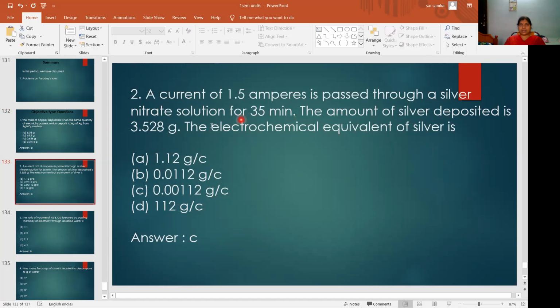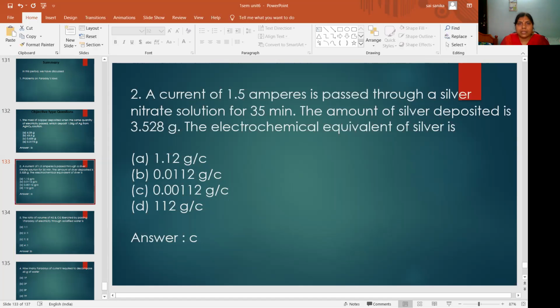He asked you to calculate E. You have to convert 35 minutes into seconds, that is 35 into 60. W is equal to ECT, so E is equal to W by CT. That is 3.528 by 1.5 into 35 into 60. If you do this, you will get answer C, 0.00112 gram per coulomb.